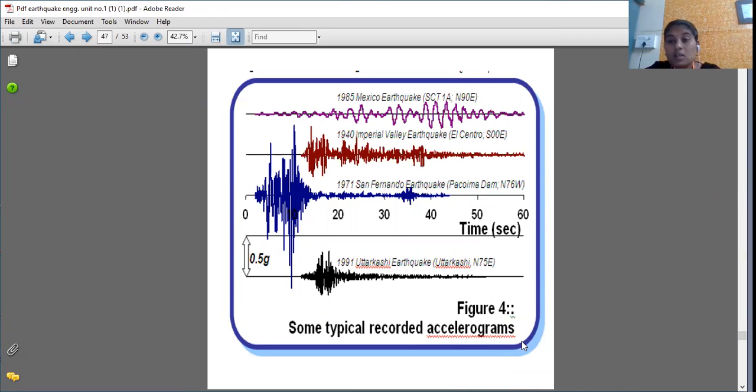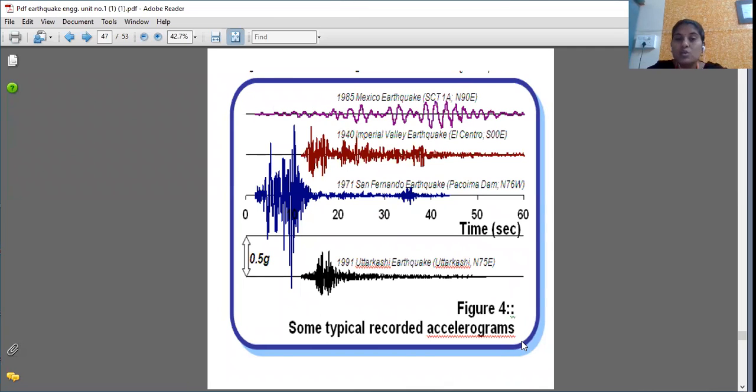If we apply the computer technology to this seismometer, we'll get such types of graphs from the computer: acceleration with respect to time, velocity with respect to time, and displacement with respect to time. Such types of graphs we will get from this seismometer when we apply the computer technology.